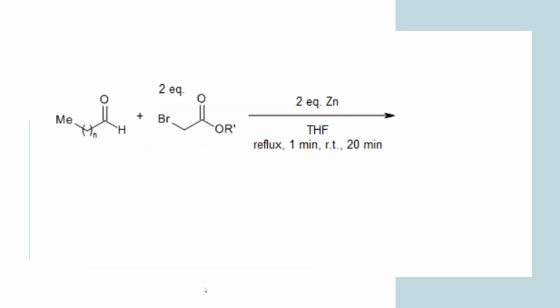So let us go back to the reaction given in the question. Here, what will happen first? The organo-zinc intermediate will form here. Like here you can get ZnBr first, and that will give you the enolate formation.